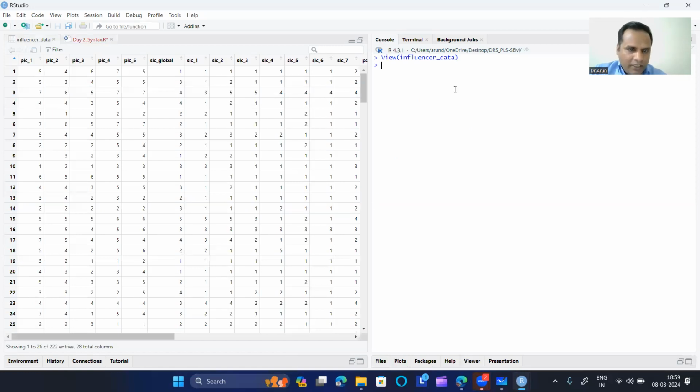Now I remember one person posted a doubt a couple of months back, that I forgot to include a global item, one item capturing the essence of all the 7 items, in my questionnaire, and I collected the data. See, once you have collected the data, you can't have one item measured from the same set of respondents if you can't go back and collect it.